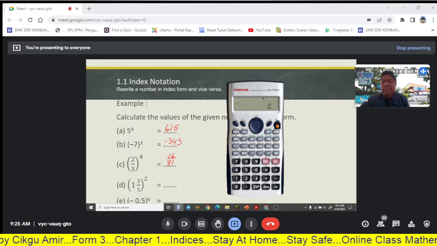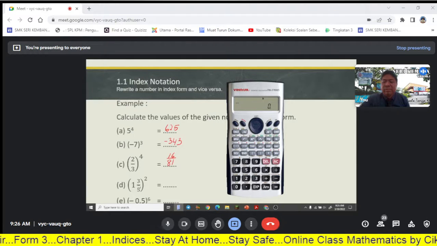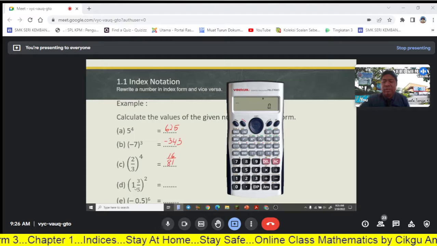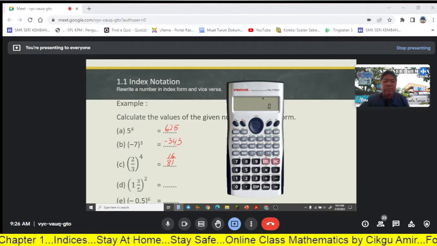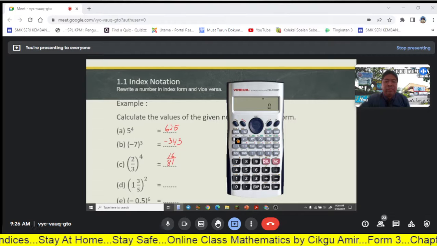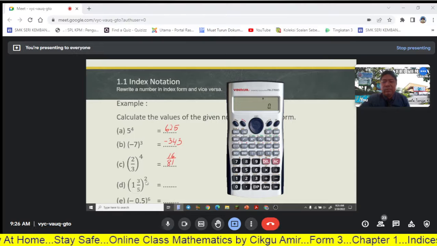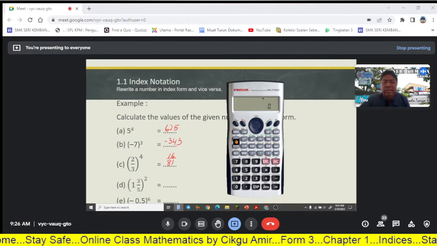Calculator again. Now we want a mixed number, 1 and 3 over 5. How to do this? We use the a b/c symbol again. Any fraction, we use a b/c again.